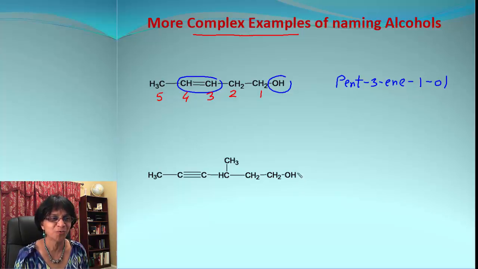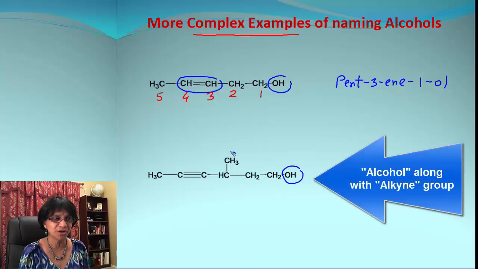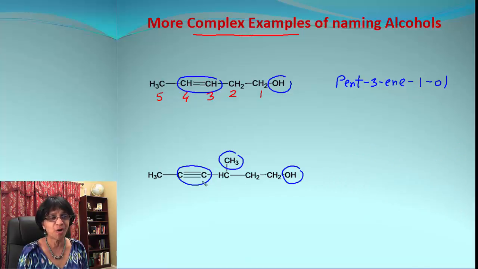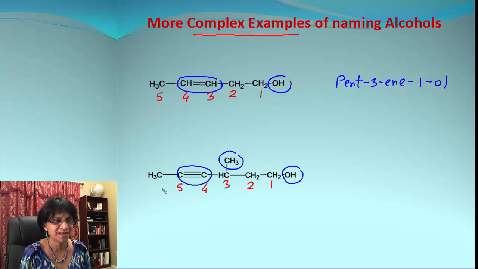Okay, let's work on one more example and see what we got here. There is our OH group, but we also have 2 more functional groups here. One is a triple bond, an alkyne, and the other is a methyl group. So who is the boss? Guess what? It's going to be alcohol. So numbering is going to begin from right to left in this fashion. So the parent chain is going to be hexane.